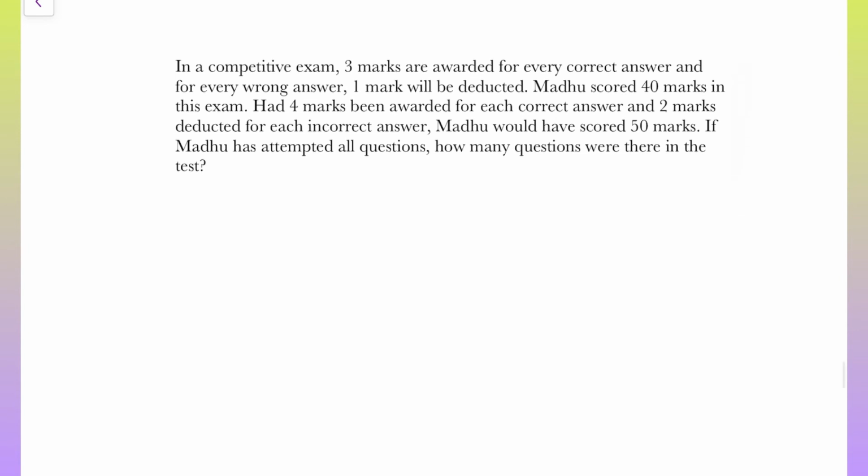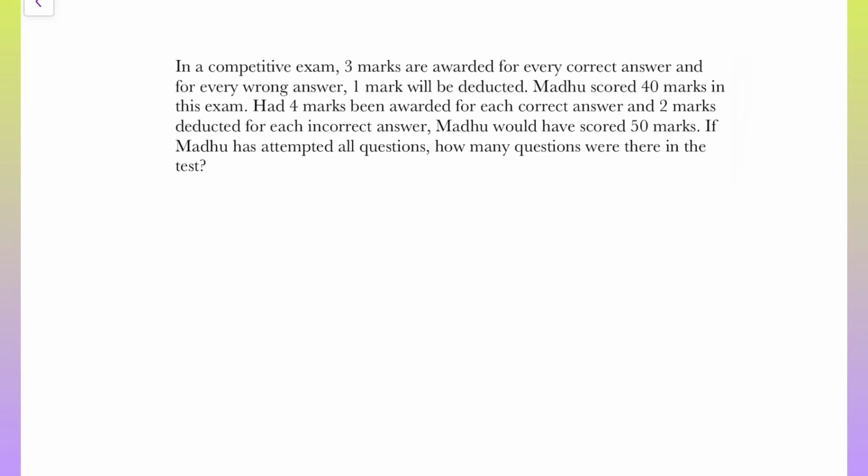Okay, coming to example number 9. In a competitive exam, 3 marks are awarded for every correct answer, and for every wrong answer 1 mark will be deducted. Deduction is nothing but reducing, nothing but subtraction. Madhu scored 40 marks in this exam. So first of all, how will someone get marks?